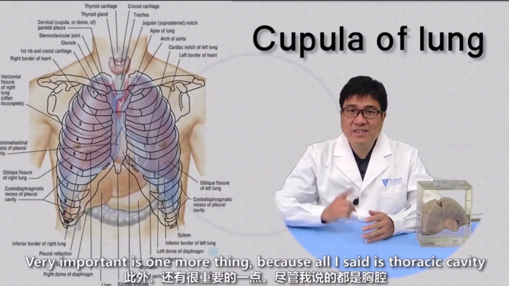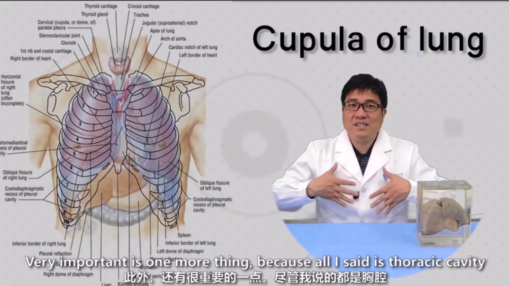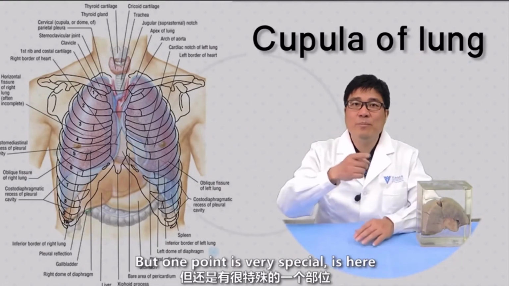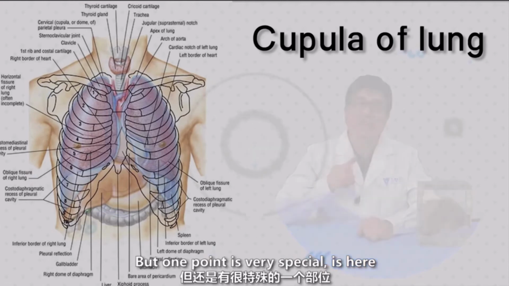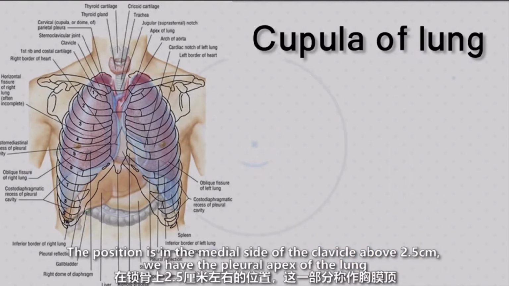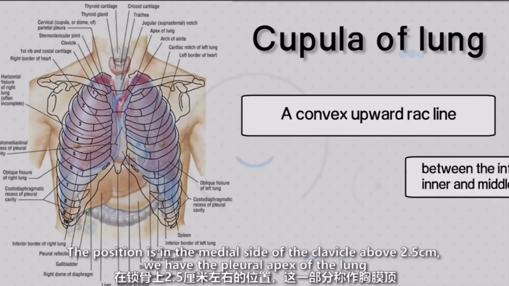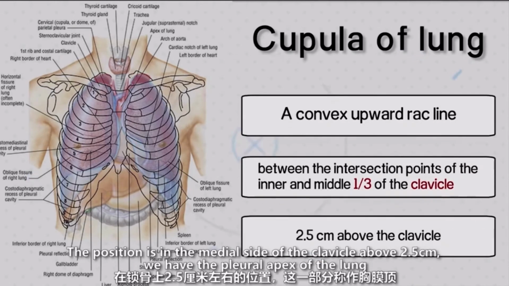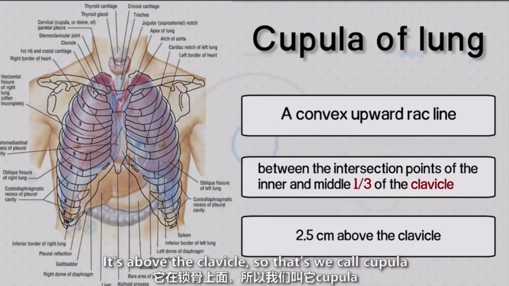One more very special point: medial to the clavicle, 2 centimeters above it, we have the pleural apex of the lung, above the clavicle. That is what we call the cupula.